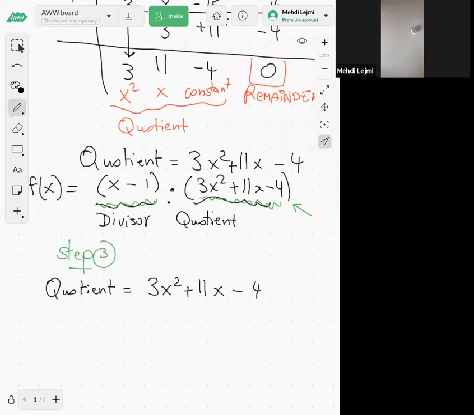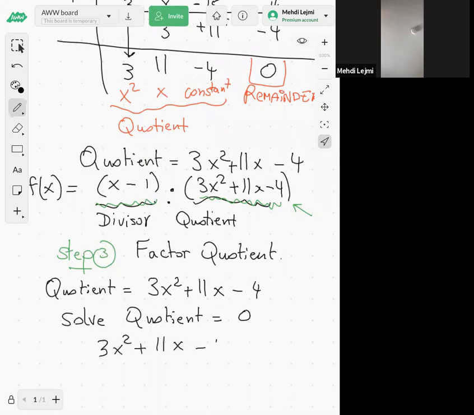And it's because it's a quadratic function, so we can solve the quotient equal to 0, right? Once you solve the quotient equal to 0, then you can factor your quotient, right? So I have to solve this 3x squared plus 11x minus 4 equal to 0.